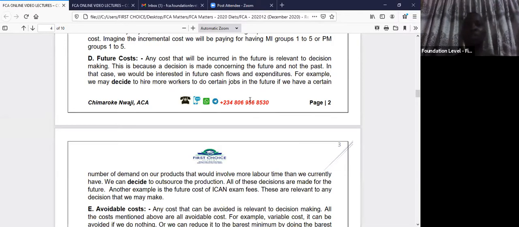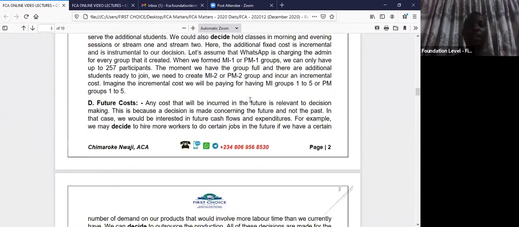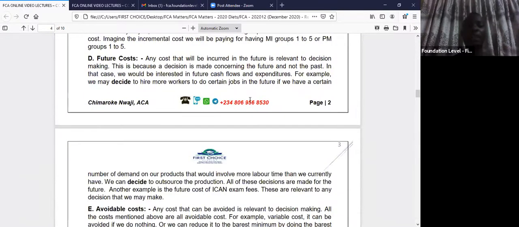It is not just that, what do they call this other costs? Incremental costs are relevant. The main thing that makes it relevant is the future nature of the cost. So any relevant cost must be made in the future.